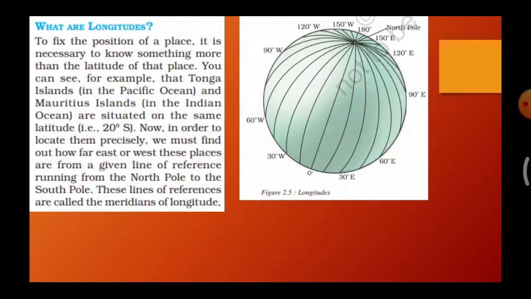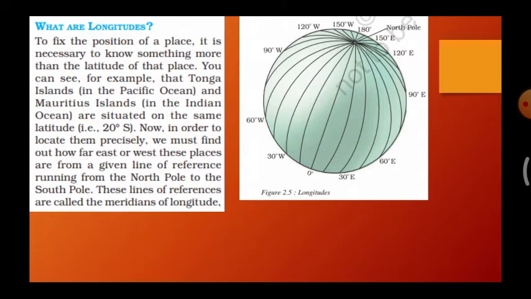Now, in order to locate them precisely, we must find out how far east or west these places are from a given line of reference running from the north pole to the south pole. These lines of reference are called meridians of longitude.